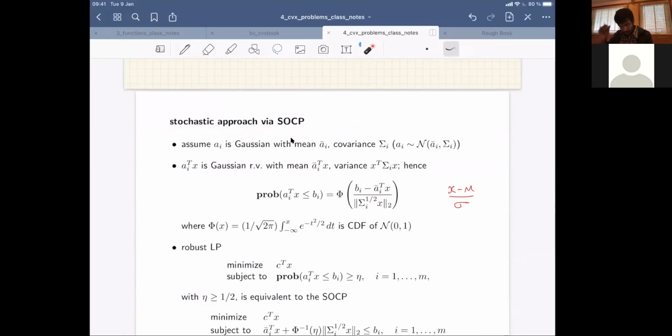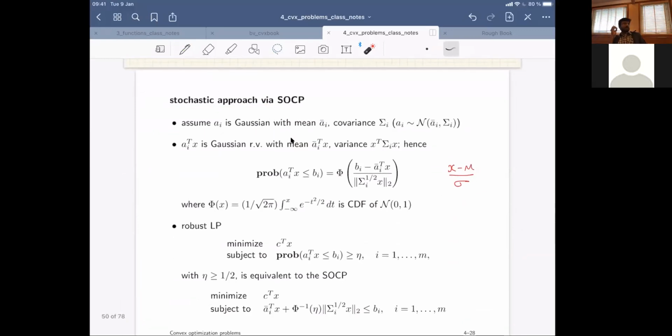So let's see now in the stochastic approach, we will bring in probability. Okay, so let's assume that a_i is Gaussian with mean a_i bar. So now a_i is a random variable with a Gaussian distribution, and it has mean a bar and covariance sigma. So you can write this, right? So a_i is distributed under a Gaussian distribution with mean and covariance.